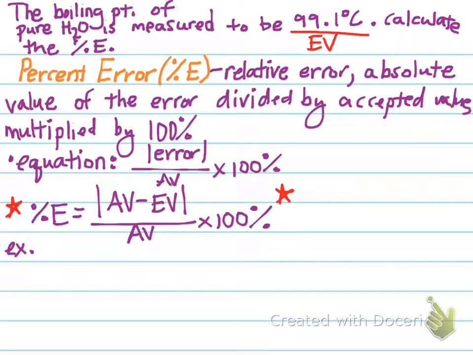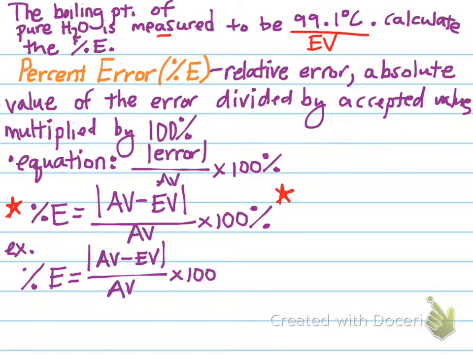Because the key word there is measured. So we know our equation, and I'm picky about this. I want to see my equation first, so always in kind of words or letters. Then I want you to plug in your numbers and units.